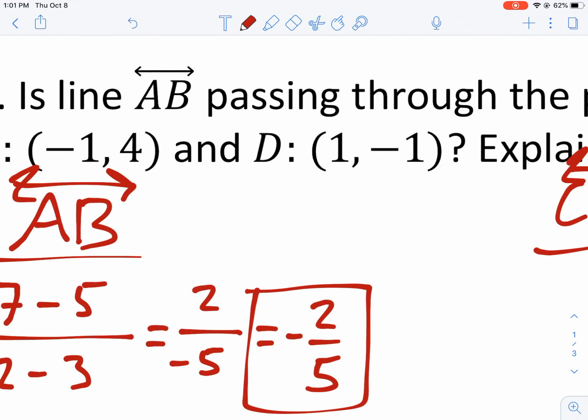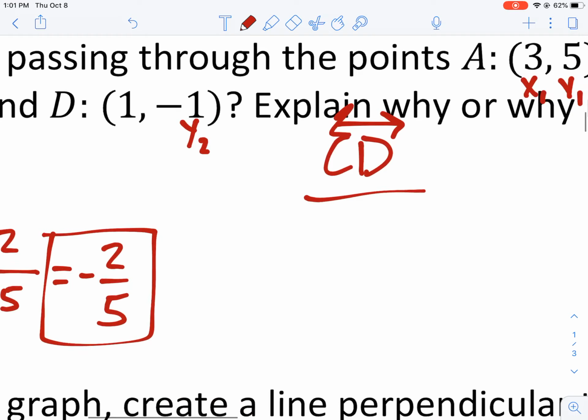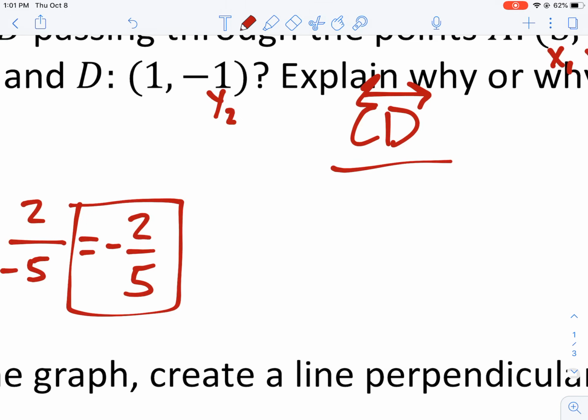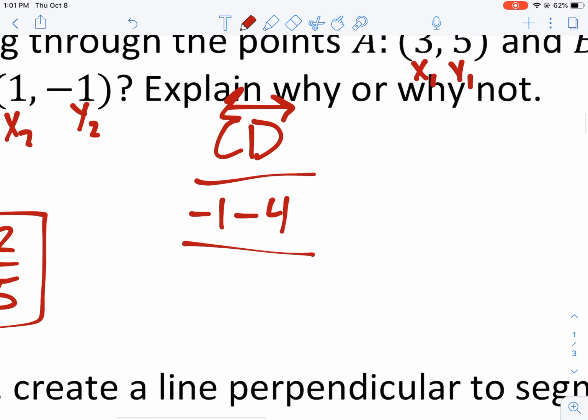So let's see if that's the case for CD, okay? CD, we have y2 over here of negative 1. Y1 is 4, so that's negative 1 minus 4. x2 is 1, and x1 is -1, so 1 minus -1, that turns into 1 plus 1. So -1 minus 4, that's -5. 1 plus 1 is 2.